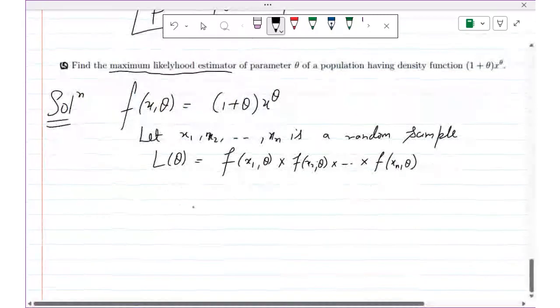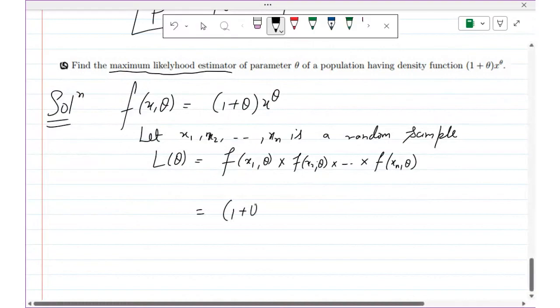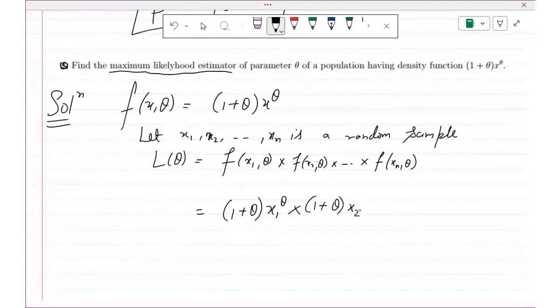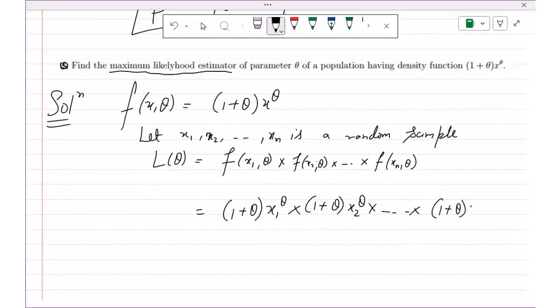Let us put x1 in place of x in this likelihood function. We get 1 plus theta into x1 raised to power theta. Then put x2 in place of x, and again you get 1 plus theta into x2 raised to power theta, and so on. In the end you get 1 plus theta into xn raised to power theta.